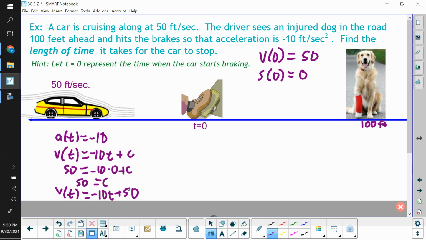Well, we want to know how long it takes for the car to stop. So when it stops, the velocity is 0. So let's set that velocity equal to 0. If we add the 10t over and divide by 10, we'll get 5 seconds.